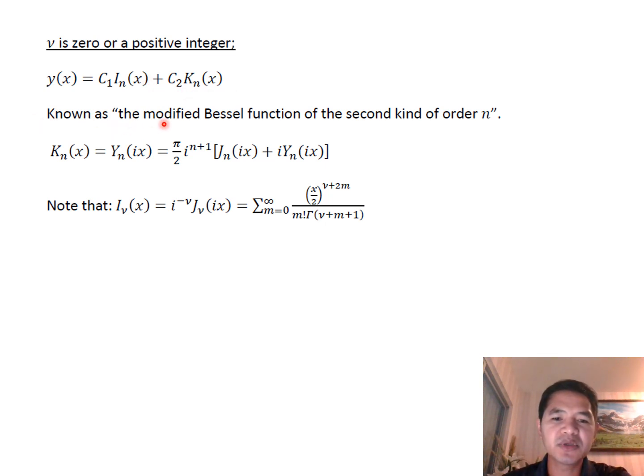This is called the modified Bessel's function of the second kind of order n, and K_n equals Y_n of the function ix equals here. And I_nu(x) equals i to the minus nu times J nu of ix, or equal to this summation. You don't need to remember this.